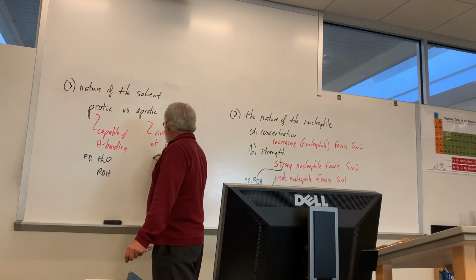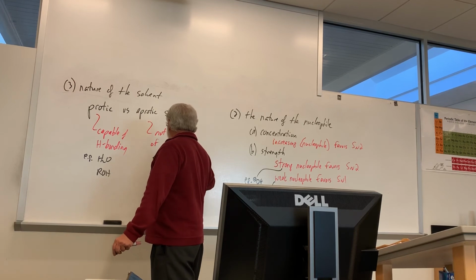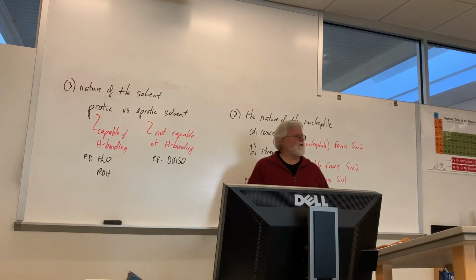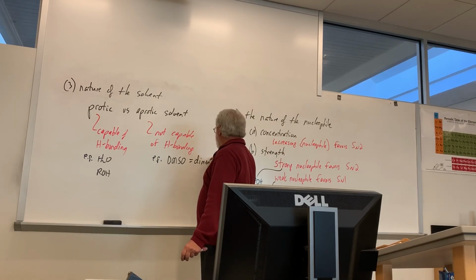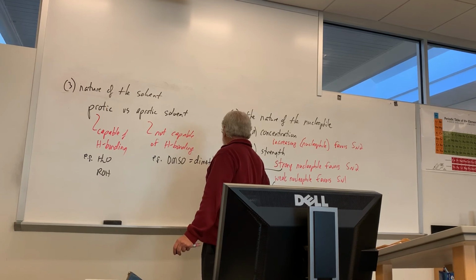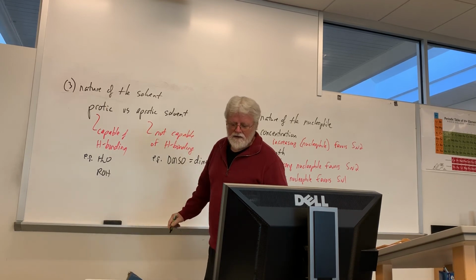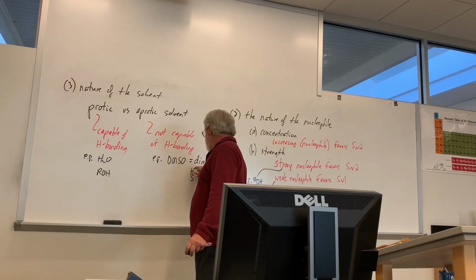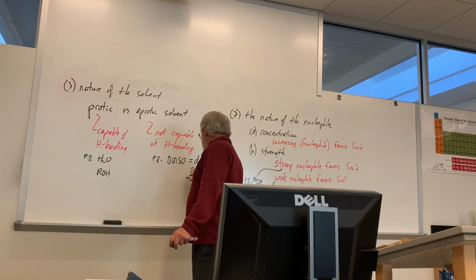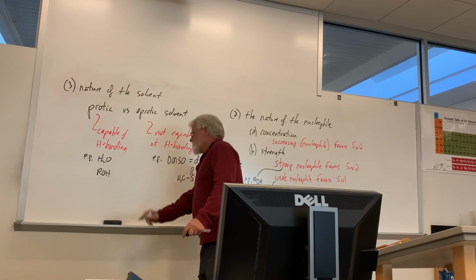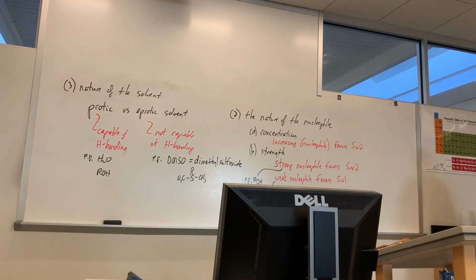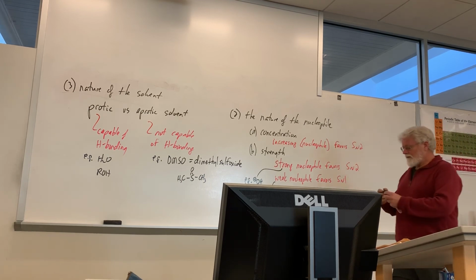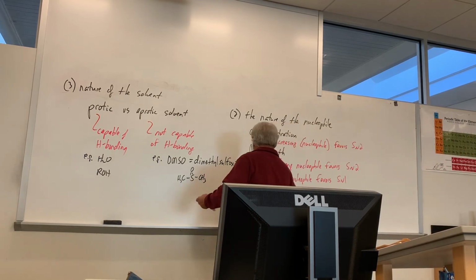Aprotic solvents, DMSO is one of the most famous. That stands for dimethyl sulfoxide. And it looks like this. We've got a highly electronegative oxygen atom in there, so we can definitely see some polarity, but it's not capable of hydrogen bonding.